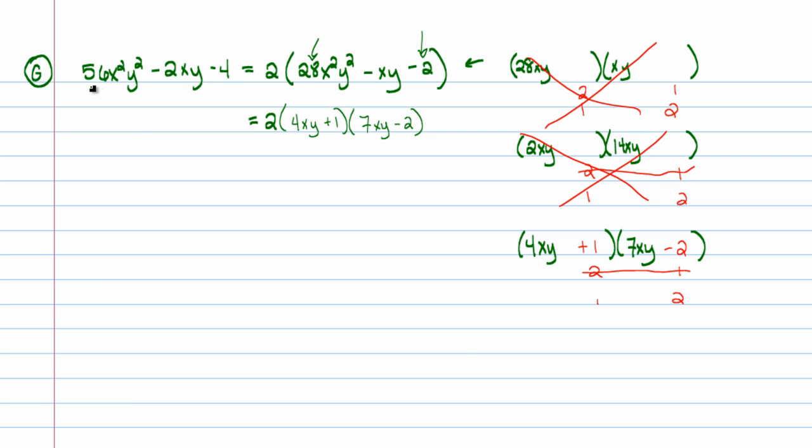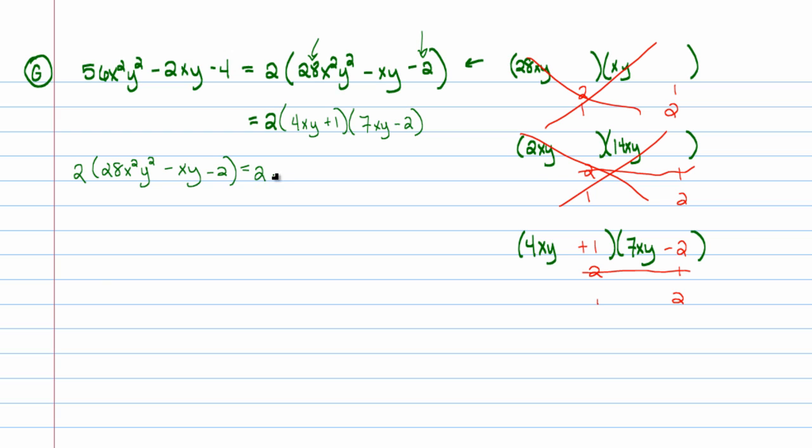I will factor a 2 out of each of these again, so I'm left with a 28. This first step is always the same, no matter what: just factor out the GCF. Then at this point, I'm zooming in on this trinomial.